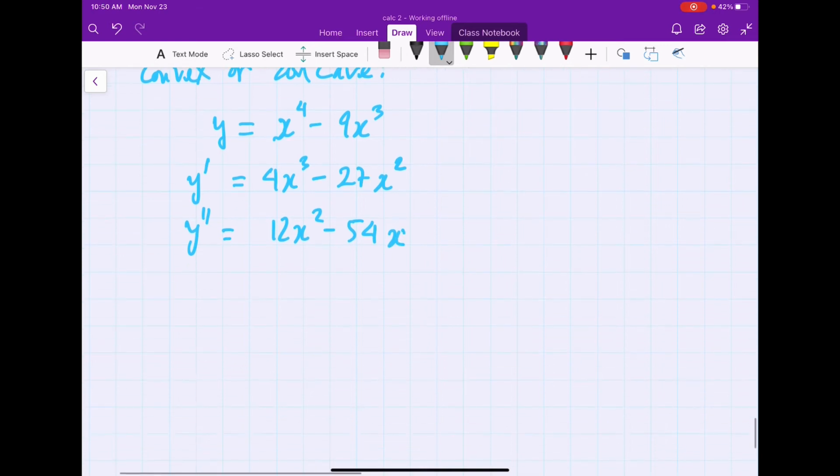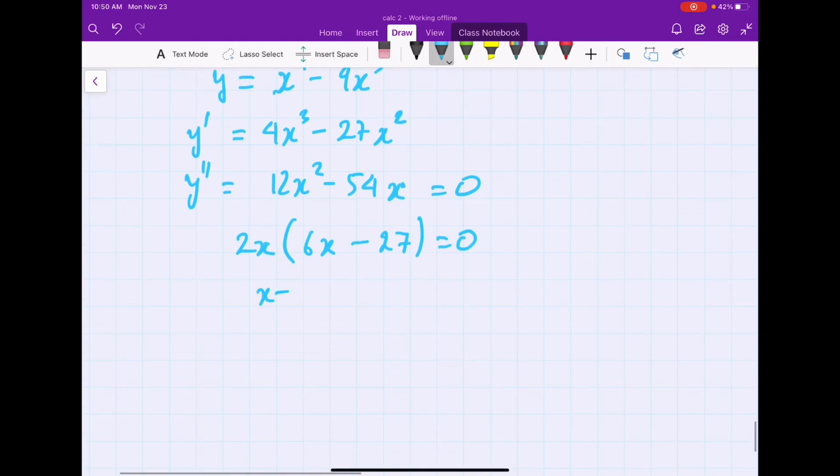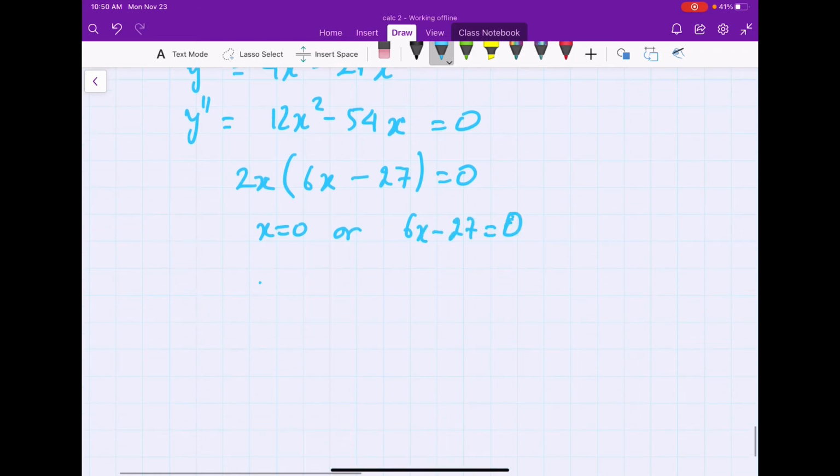So you set this equal to 0. From here you might factor 2x out. You get 6x minus 27, right, equal to 0. From here you get x equal to 0 or 6x minus 27 equal to 0. So x equal to 0 or from here x equal to 9/2.